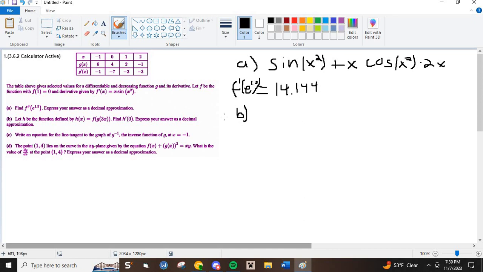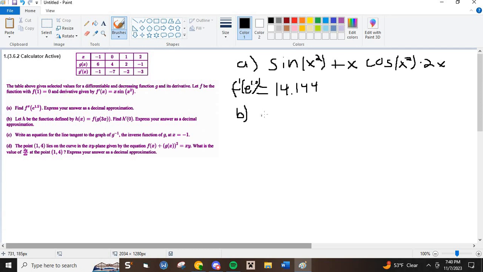Next, on to 1b. They give you a new function h here, which is f of g of 3x. They want you to find h prime of 0. So this one is going to be chain rule, since it's f of a function. In this case, it's a triple layer, since it's a function of a function of a function.